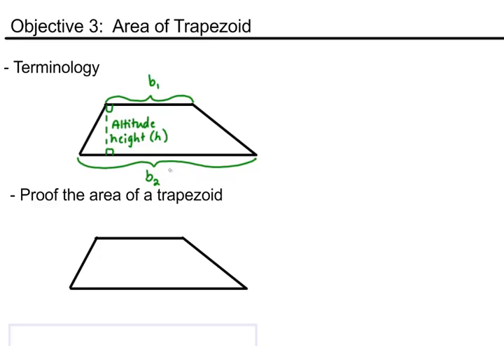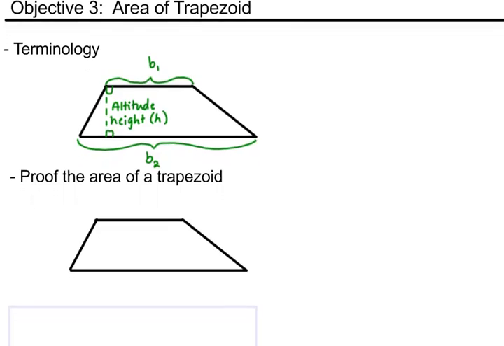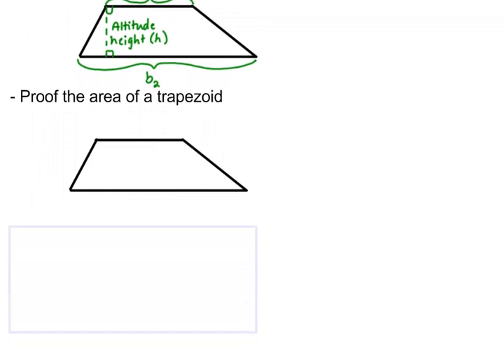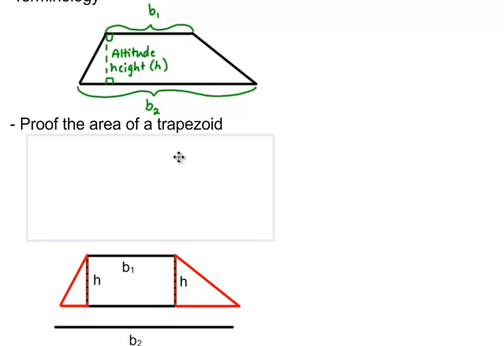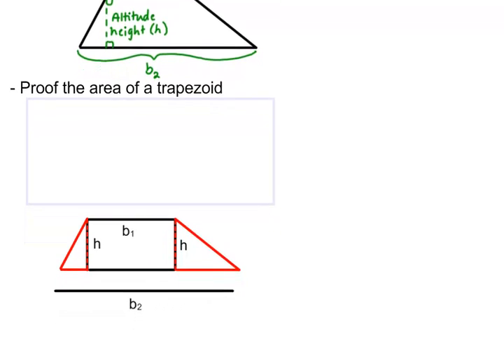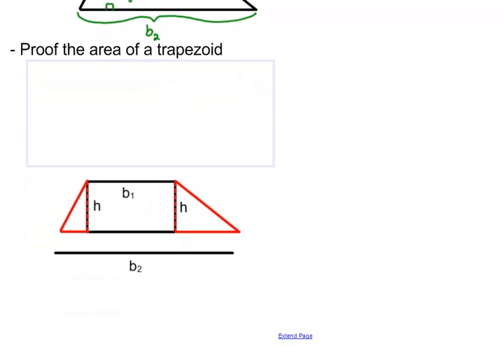Alright, so here we go. Here's the proof of a trapezoid. So I've got my picture of my trapezoid. I'm going to fill in some stuff. I drew in both altitudes, this one and this one. Okay?